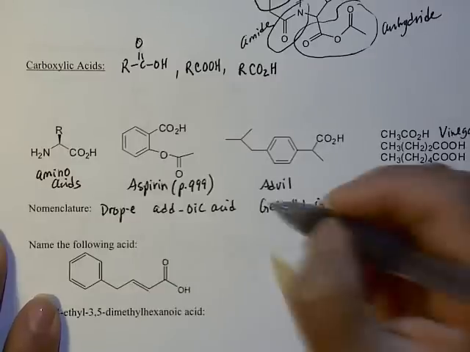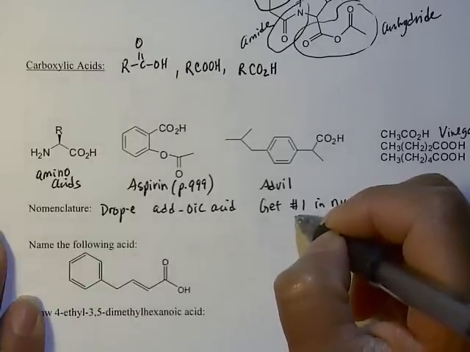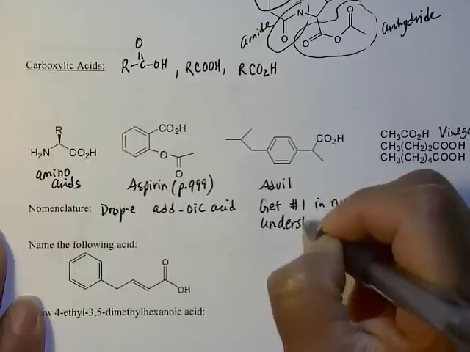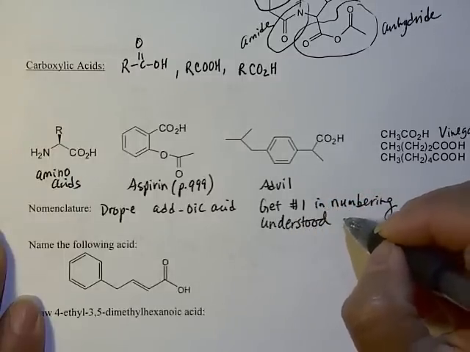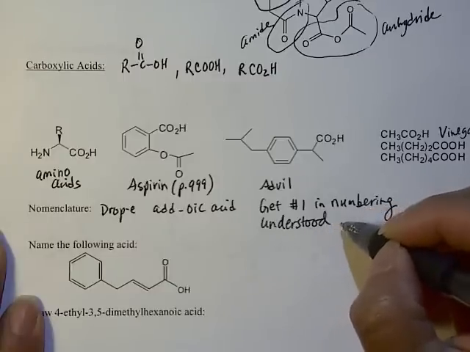Because you always give the carboxylic acid number 1, it's understood, so you don't usually see 1 in front of the carboxylic acid name.